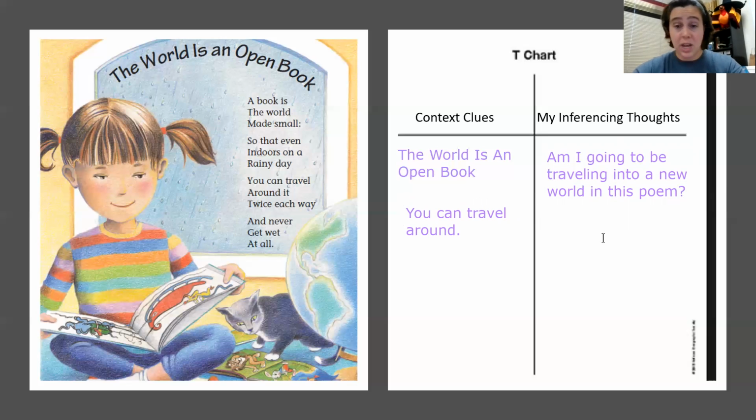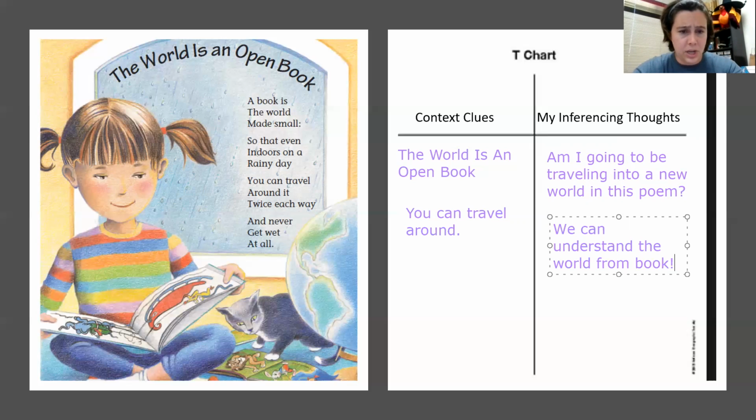That we can learn about the world from books. Oh, that's so cool. All right, so I'm going to write that in there. And understand the world from books. What? That's so cool. All right, let's continue. You can travel around it twice each way and never get wet at all.